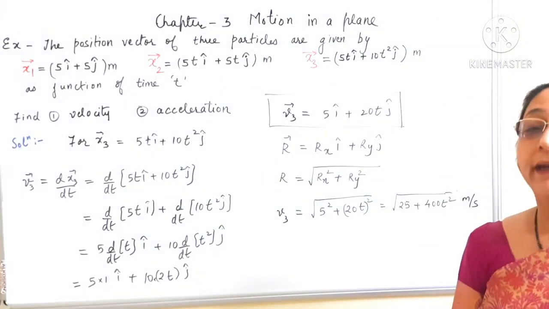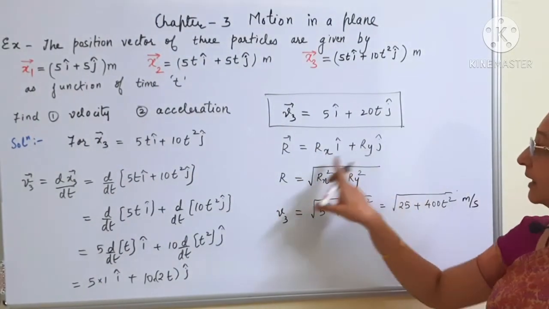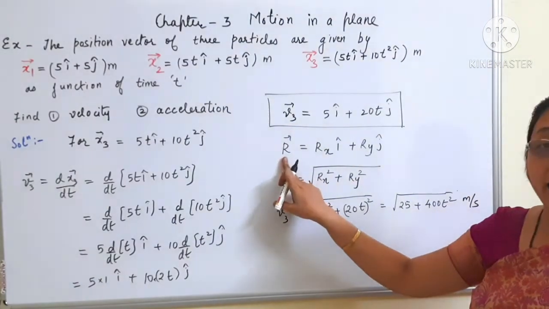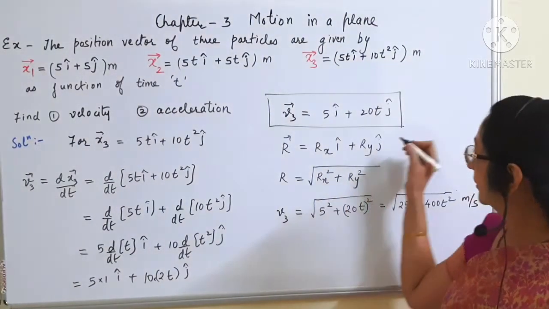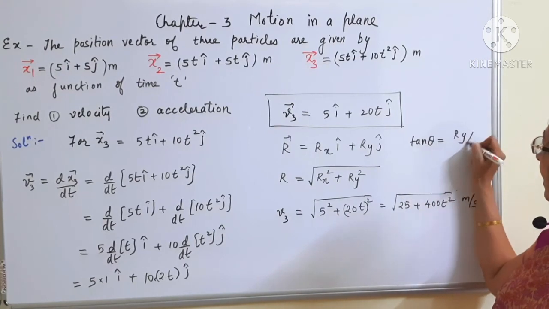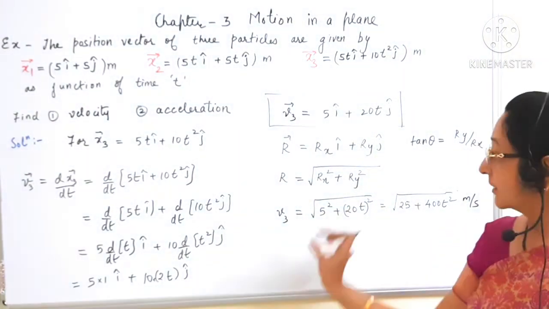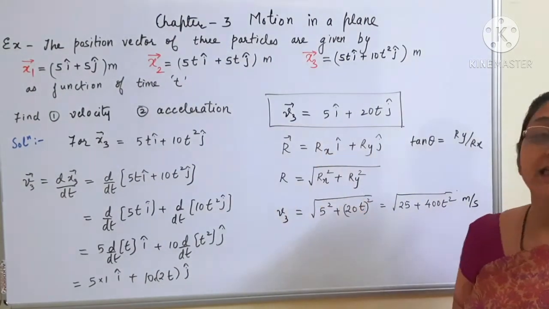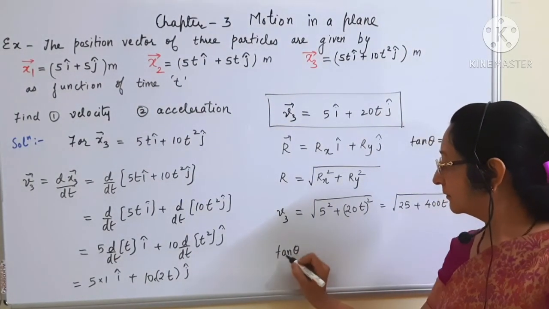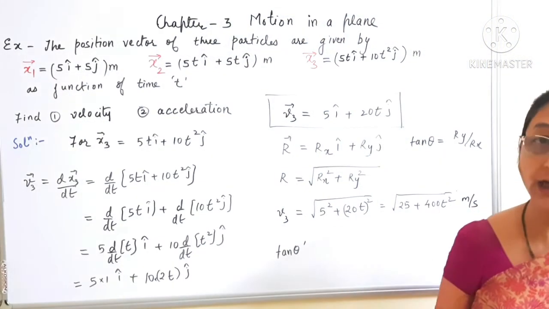So, in this way we have found out the velocity of the third particle. Now, we are going to find the direction of velocity. Now, we know that this is a vector and then how do we find the direction of this r? We have tan of theta is ry upon rx. आपण वेक्टरची डायरेक्शन कशी लिहितो, त्याचा y कंपोनंट आपण त्याचा x कंपोनंट, तसंच इथे आपण घेणार आहे व्हेलॉसिटीची डायरेक्शन tan of theta, किंवा आता आपण थीटा डॅश घेऊ, हा अँगल वेगळा असेल मागच्या थीटापेक्षा.